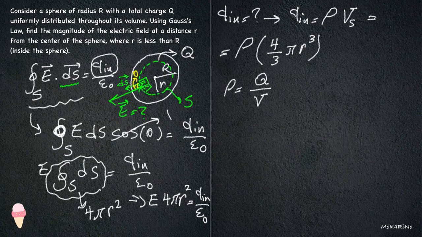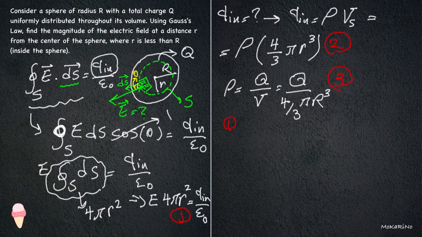So I can say that rho is equal to Q over 4 over 3 pi R3. Okay, let's call this equation 1, this equation 2, and this equation 3.